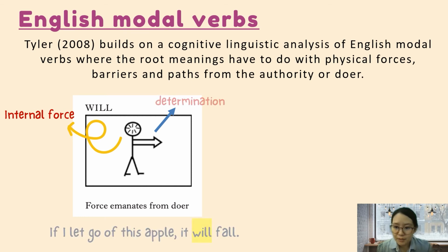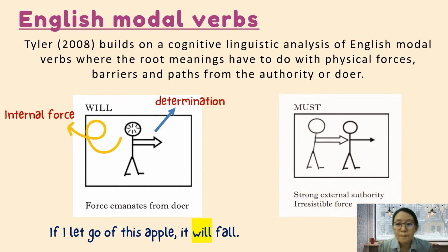An example sentence here is, if I let go of this apple, it will fall. So the doer has considered the cause and effect of a phenomenon and come up with a conclusion, which is that the apple will fall. Next is the modal verb must.